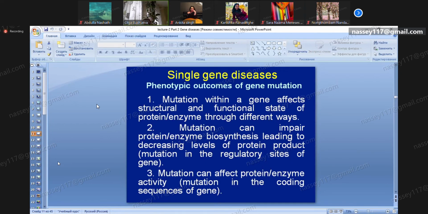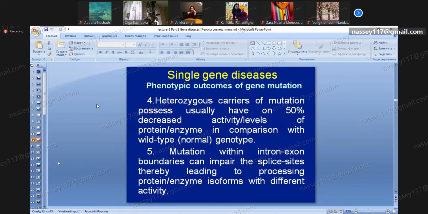Mutation can affect protein or enzyme activities, such as mutation in the coding sequence of a gene. Heterozygous carriers of a mutation usually have about 50% decreased activity levels of protein or enzyme in comparison with wild type or normal genotype.